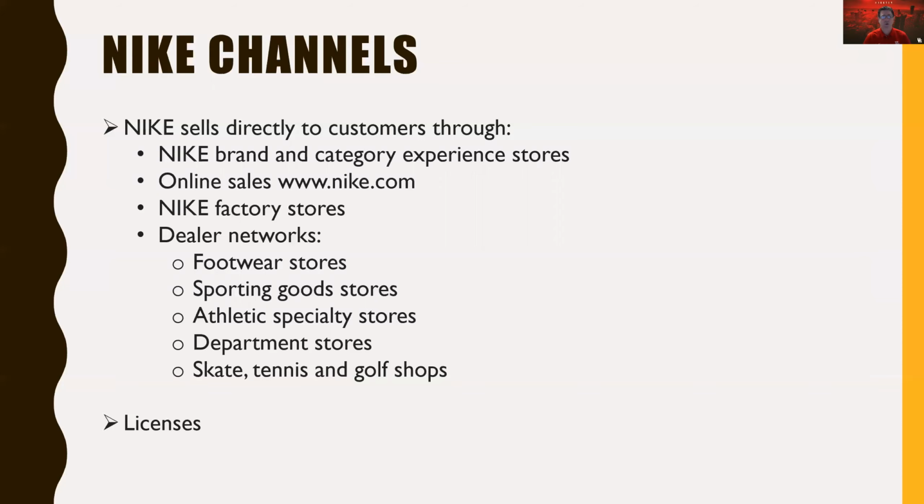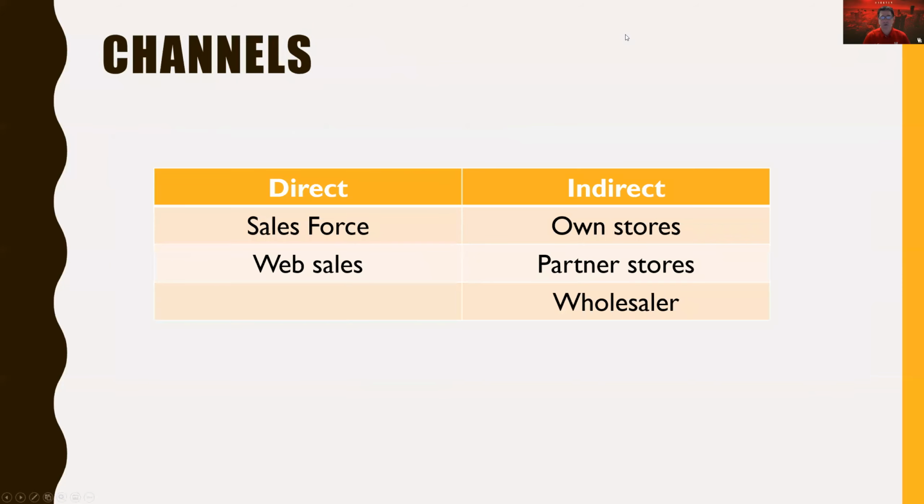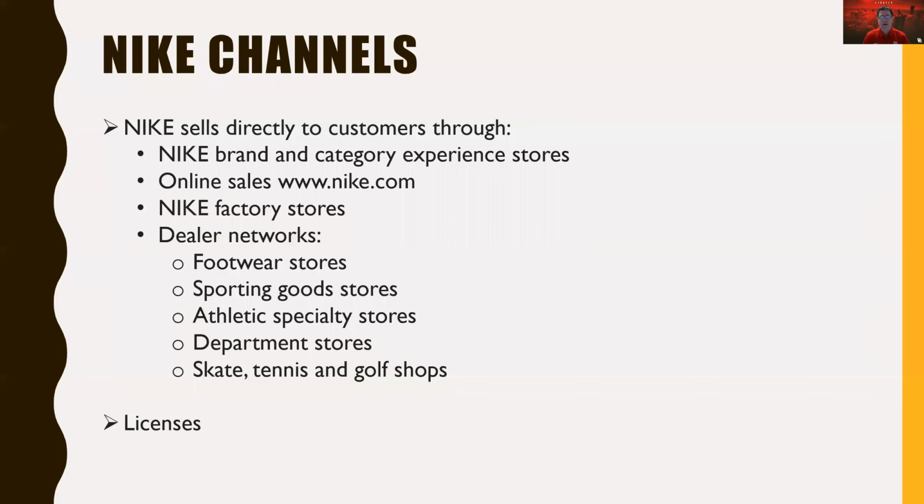I really shouldn't have the word directly, because we had just covered direct and indirect. And direct is sales force and web sales, and indirect is all the other things. Really, I should have this slide say Nike sells to customers through Nike brand and category experience stores, online sales. Online sales would be direct. Nike brand and category experience stores would be indirect. Nike factory stores, indirect.